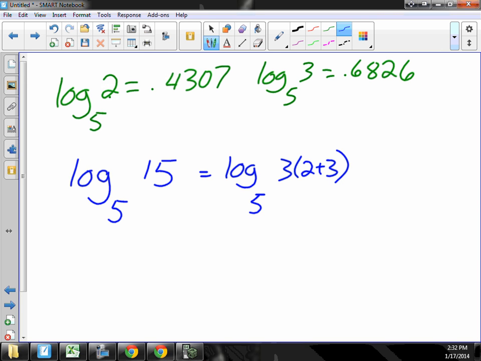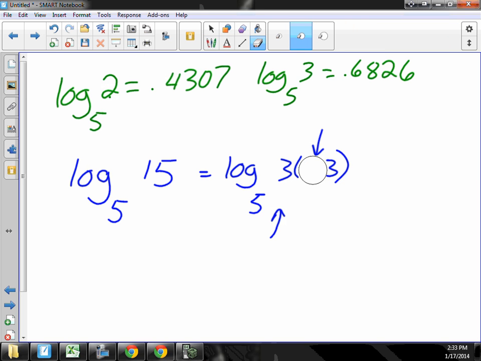Well, can I split that? I can, but I would split it into log base 5 of 3 plus log base 5 of 2 plus 3, which is 5. So adding the numbers together is never going to help.